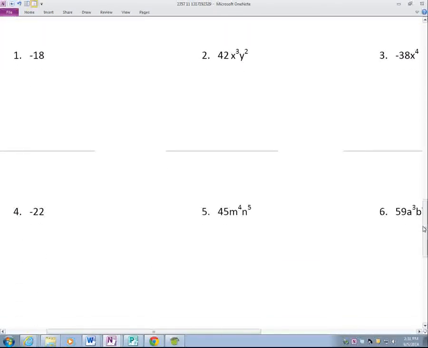Okay, examples from homework. Now, I will tell you this much. The number 1 is not prime and it is not composite.